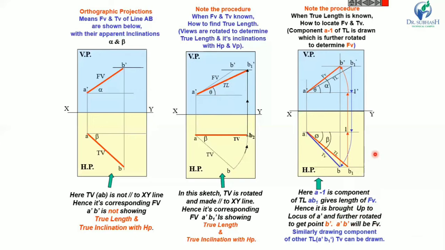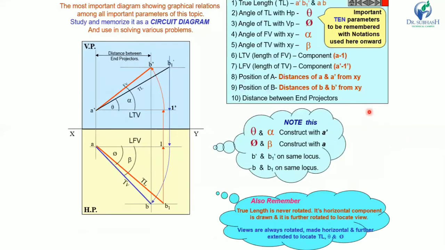Similarly, drawing the component of the other true length, that is A dash B1 dash, the top view can be drawn. By this way you can solve the problems of a line which is inclined to all three reference planes. For that, first of all, understand the different nomenclatures.